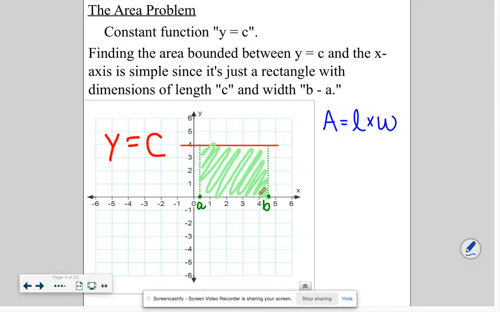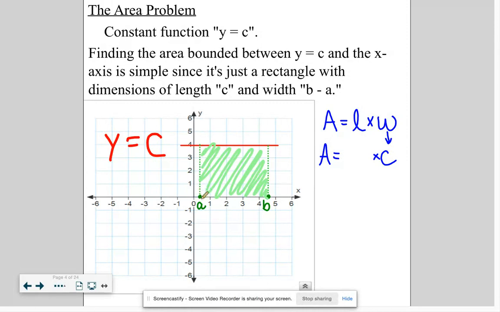And then if I look closer at this particular rectangle, it looks like the width of that is 4, right? And we could refer to that width as the C value. If this was the equation y equals C, we could refer to the width as the C value. What about the length? Well, I could say it's about 4 units, but we're going to make it more of a formula-based representation.